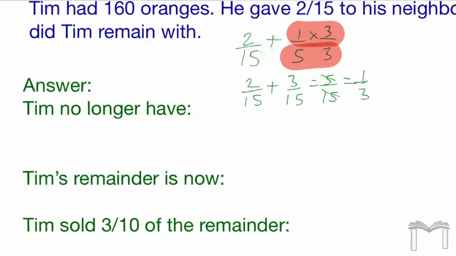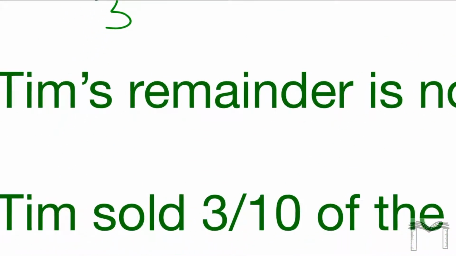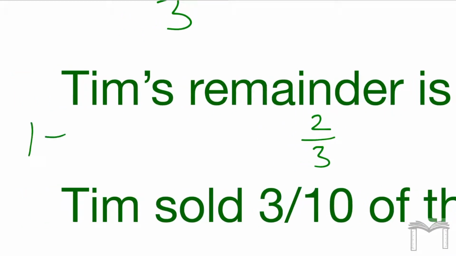Okay, so Tim no longer has 1/3. So he remains with 2/3. We can work this out by saying 1 whole take away 1/3. A whole can be written as 3/3 take away 1/3, and that is equal to 2/3.